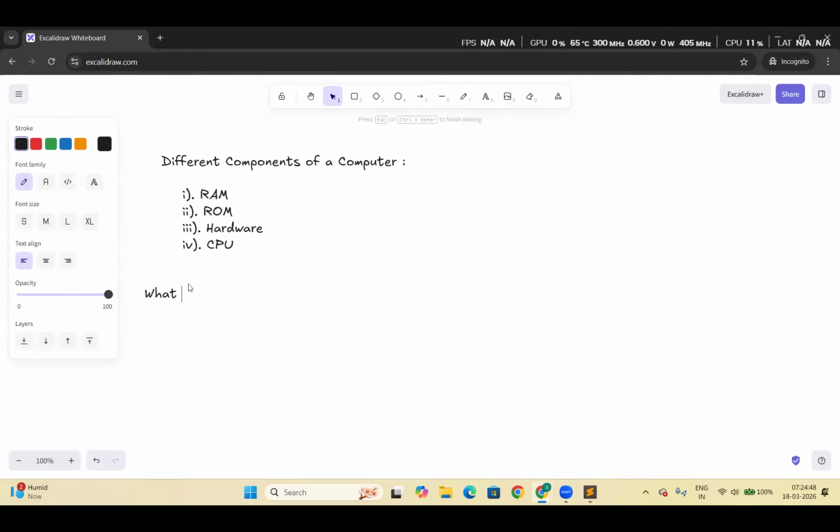So, what is the most important component in devices like desktop, mobile, or laptop? It is known as the processor.